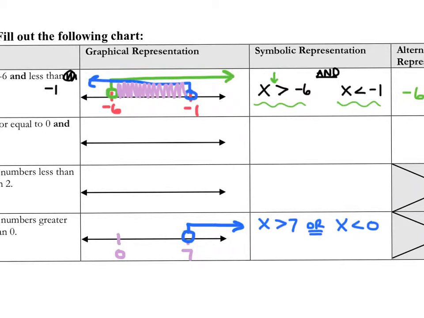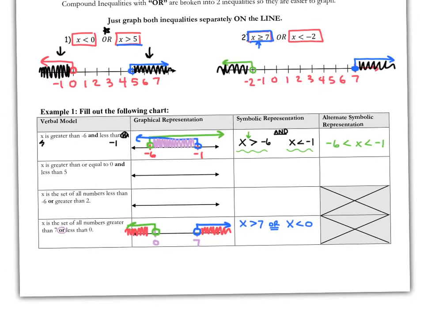And we also got less than 0, open circle, going to the left. And let's do some shading wherever we see an arrow because it's an or problem. And that's that. So that's just going from your verbal model to your inequalities or your symbolic representations and then to your graph. All right, guys, let's go on.